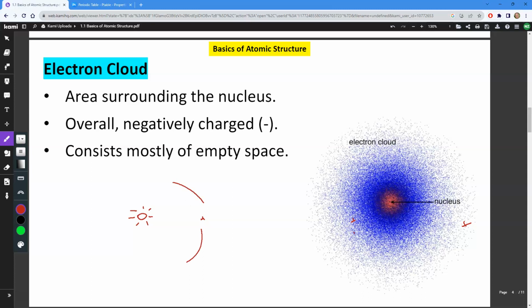They orbit really far away from the sun. So electrons are kind of the same way. They are really, really far away from the nucleus. So most of our atom is just empty space, just like most of our solar system is empty space because the planets are so far away from the sun.